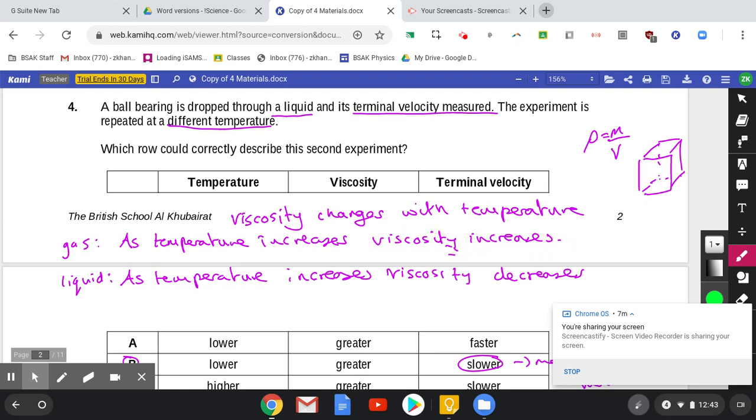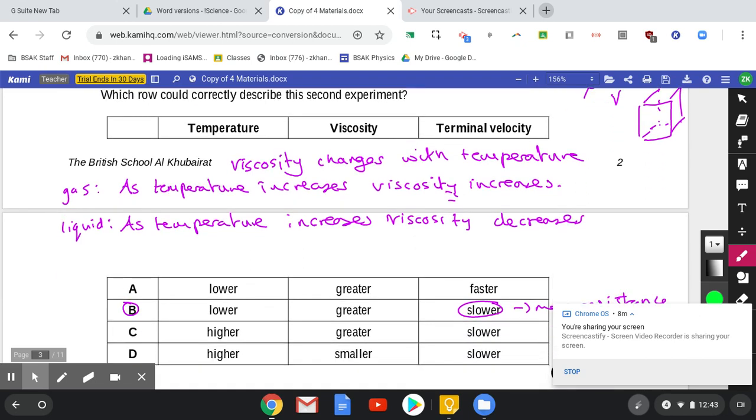With gases, we look at the kinetic theory of gases, which you'll study in year 13. If the temperature of a gas increases, the average speed of the particles increases. Therefore, they collide with the object passing through that gas more energetically, therefore increasing the drag, i.e. increasing the viscosity, the frictional force on the object.